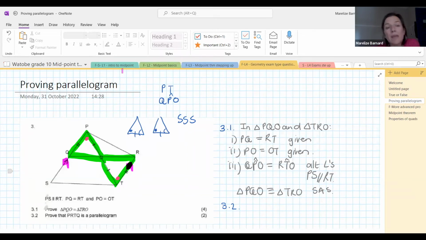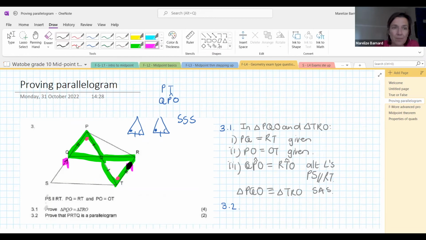Yes, because PS is parallel to RT, and RT is equal to PQ. So here we have a situation where we have one pair of opposite sides parallel and equal. So that makes it a parallelogram.